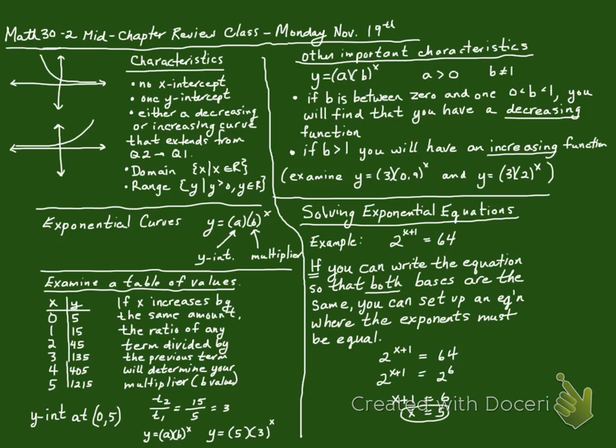But, here's a big but, what if you have something like 3 to the power of x minus 2 is equal to 8? Well, now we cannot express the bases to be the same, so the only choice that we have open to us right now is to use our technology, which means our calculator. If you set y1 to equal the left side of your equation, 3 to the power of x minus 2, and you set y2 to equal 8, and you graphed them, you can find the intersection point.